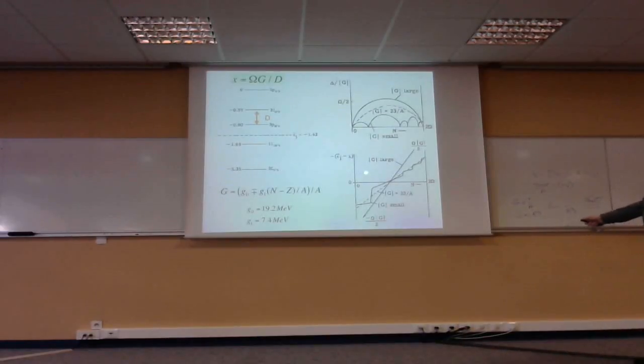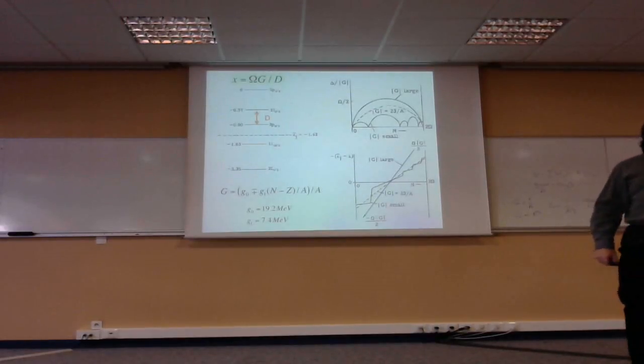In the same way, you can look at the behavior of the Fermi energy, if you like. If you have a very small value, you fill the level, then you jump to the next one, then you fill the next one, etc., and it's a ragged, broken line.